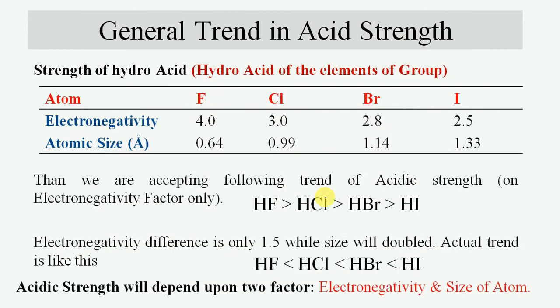Then hydroacids of elements of a group. The relative strength of hydroacids of a group increases as we go down in the periodic table. For example, the relative strength of hydroacids of group 7A increases as we go down.